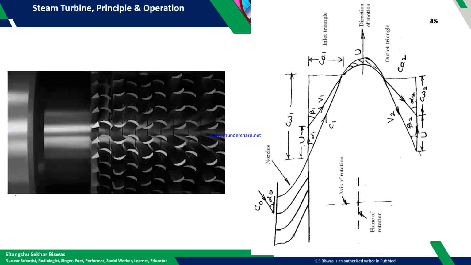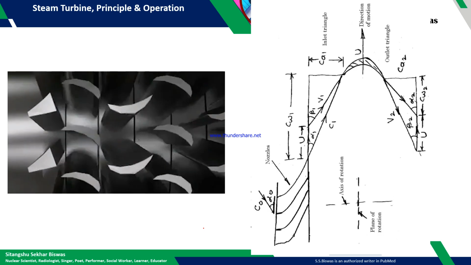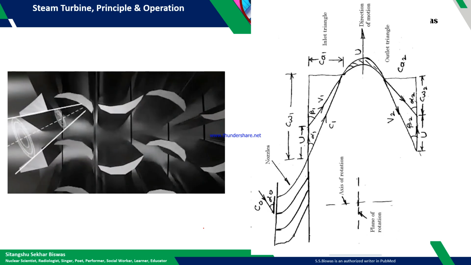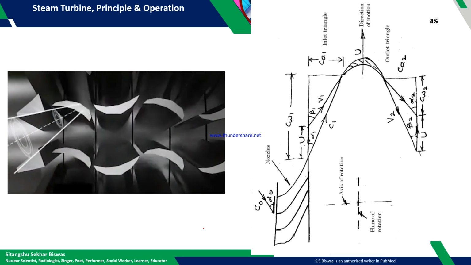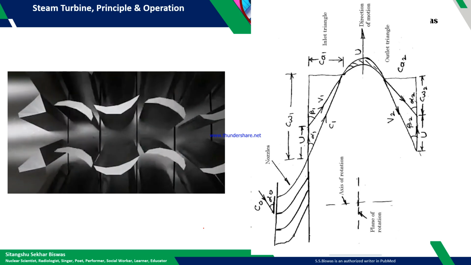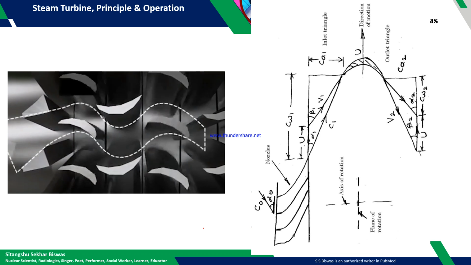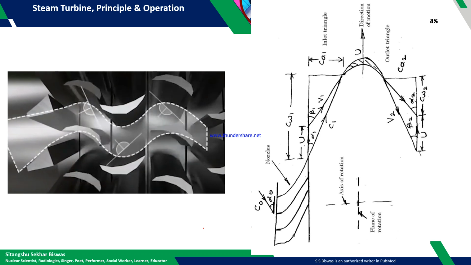So here you can see this is the nozzle. The first row is the nozzle, through this the steam is entering. Then next it is the moving blade. Then again this is a fixed blade or nozzle, and so on. Now if you rotate, you can see the steam jets are passing through this.